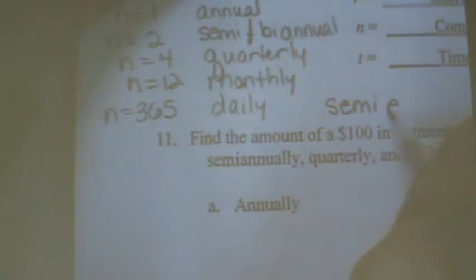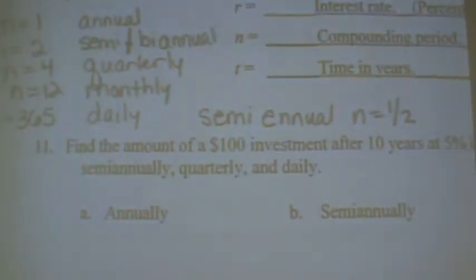If they say every other year, it's semi-annual, with an E. And N is a half a time a year. So every 2 years you earn interest. Is this spelled like that? Yeah. I think there's 2 N's.